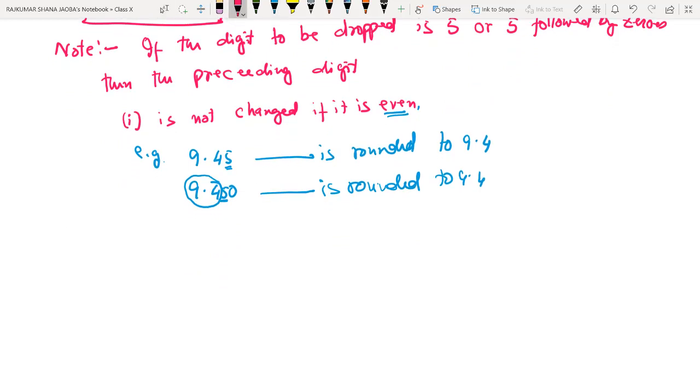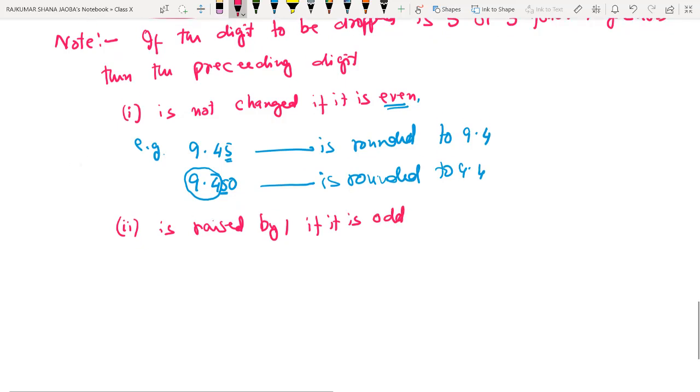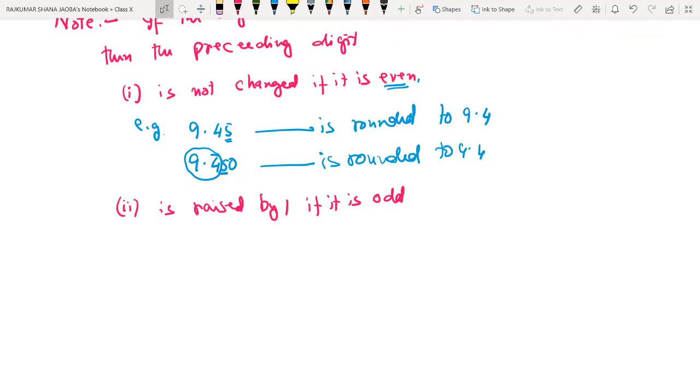The next digit is raised by 1 if it is odd. So example, 9.35.